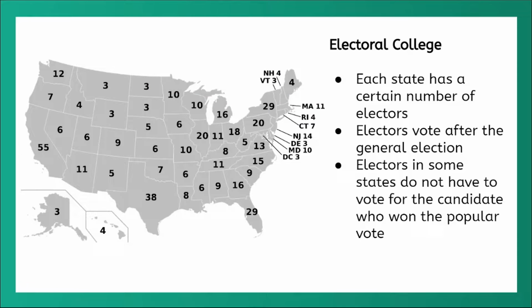Each state's political parties choose the electors, and after the general election, the electors for each state each cast one vote for president and vice president. In most states, the electors must vote for the same candidate that won the popular vote in their state. But in some states, the elector can vote for a candidate that did not win the state's popular vote.